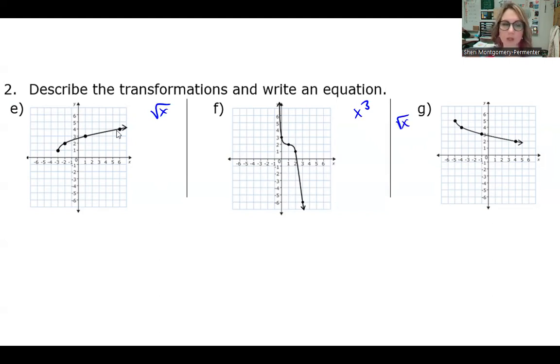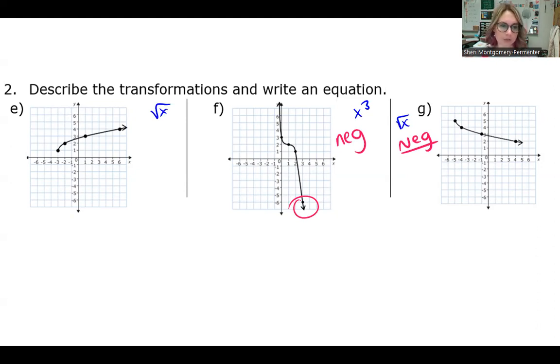Another square root. Now I need to check: are any of them positive or negative? G is a negative square root. So I'm going to give myself a note on that. Oh, yes. F is also negative. Good job. Yep, I'm pointing down.